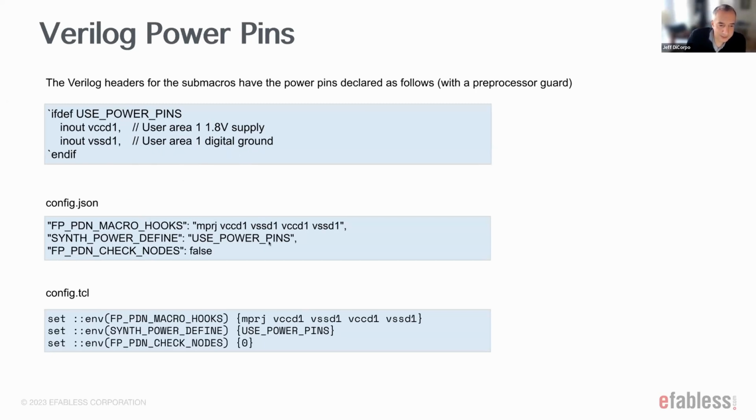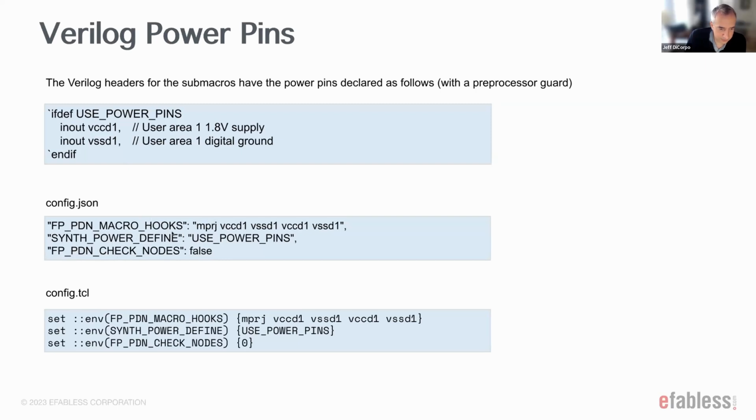And then in the config.json, you want to make sure that you've enabled a couple of key variables to make sure that power gets connected. So here, there's one called FP_PDN_MACRO_HOOKS, where you're identifying for your sub macro what are the power connections that need to be made, and then there's a USE_POWER_PINS define, which enables these power pins to be utilized for part of the PNR flow, as well as you want to turn off this PDN check node since it does not typically work well in hierarchical mode.